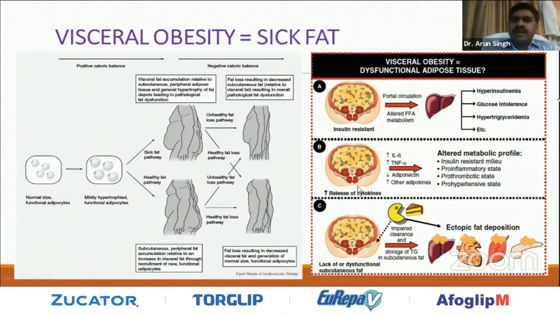And this visceral fat is highly metabolically active, releasing multiple cytokines that lead to systemic metabolic inflammation and insulin resistance, a pro-inflammatory state, a pro-thrombotic state, and that in turn leads to increased risk of atherosclerosis and cardiovascular disease.